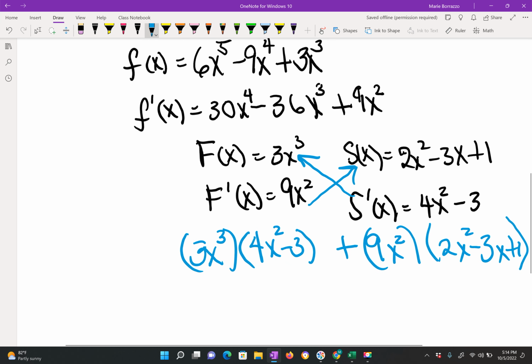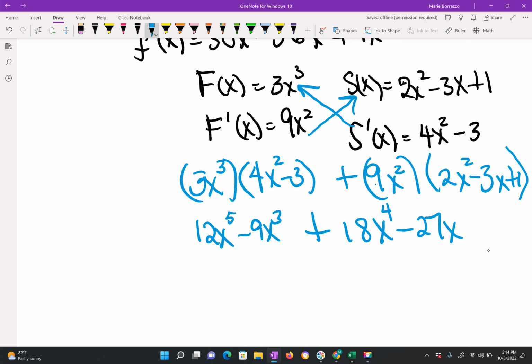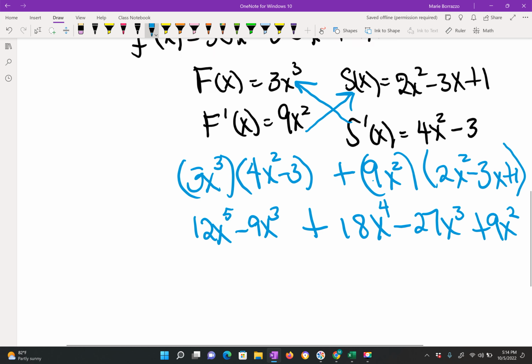All right, and then we're going to distribute, so you get 12x to the 5th minus 9x to the 3rd plus 18x to the 4th minus 27x to the 3rd plus 9x to the 2nd. Now we want to combine like terms.